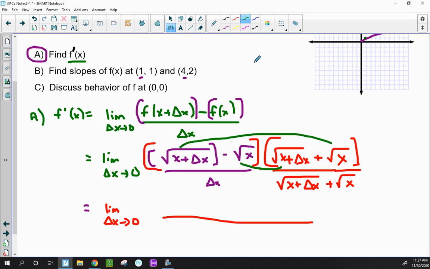That's going to help us speed it up a little bit. Let's just do the first and last. The first term would be the square root of x plus delta x times itself. The square root of something times itself is always going to be that radicand back. You've heard me say that a ton of times over the past couple years.